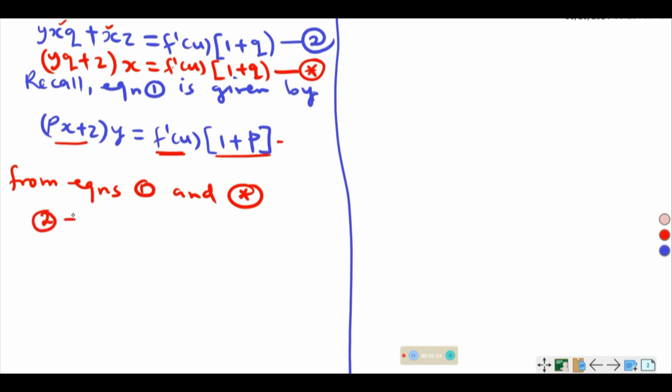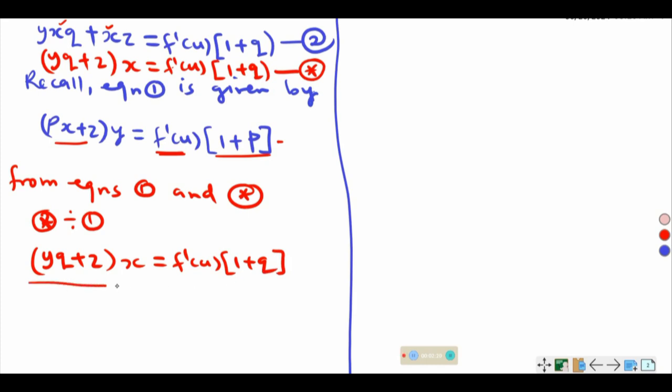So let us get equation 2. We divide equation star by equation 1. So we shall have yq plus z into x is equal to f derivative of u into 1 plus q, divided by p of x plus z into y, equal to f derivative of u into 1 plus p.